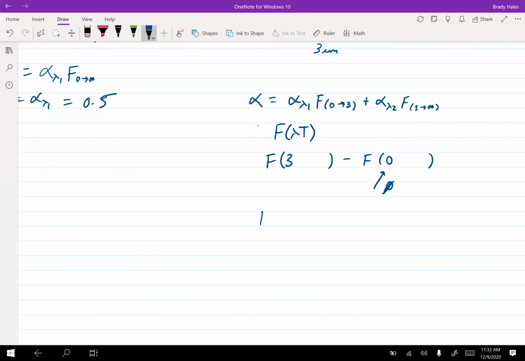Okay, so now we have F3 times some temperature. Now you have to ask yourself which temperature to use, the temperature of the rocket or something else. Because this is alpha as related to G sun, we use the temperature of the sun.